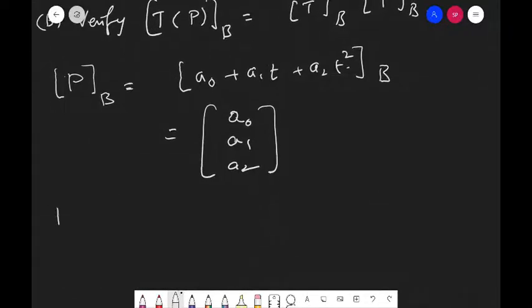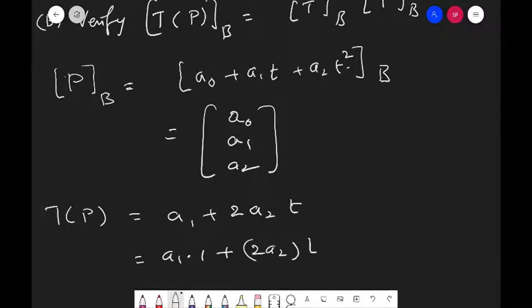Now, what is T of P? T of P is given as a1 plus 2 a2 t, which I will write as a1 into 1 plus 2 a2 into t plus 0 into t square.